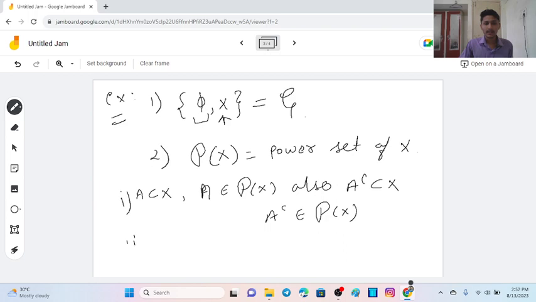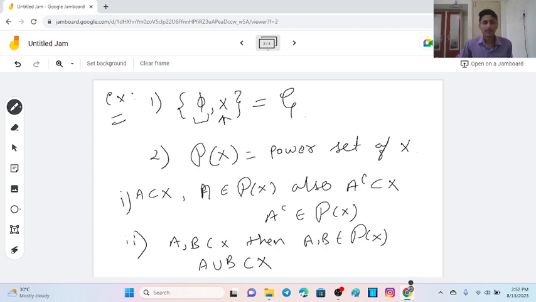The second condition: if A and B are subsets of X, then A and B both belong to the power set of X. And if A and B are subsets of X, then A union B is also a subset of X, so A union B also belongs to the power set of X. So these are some trivial examples of algebra of set X, right?